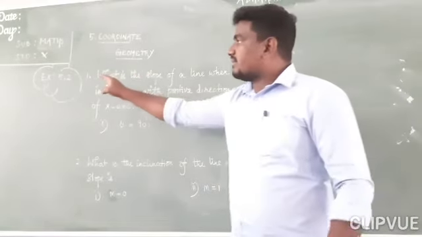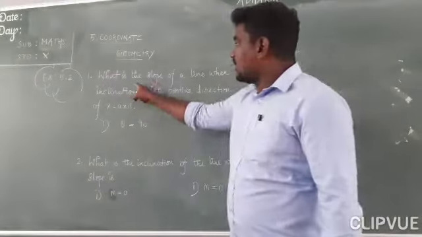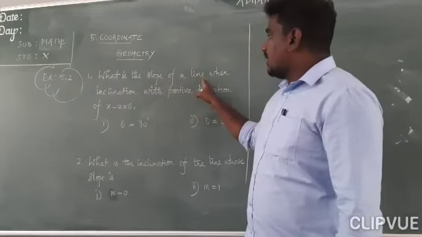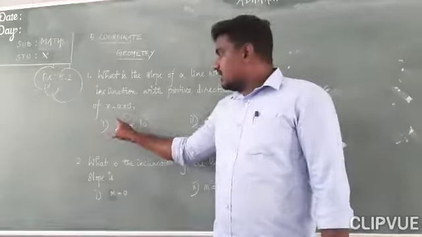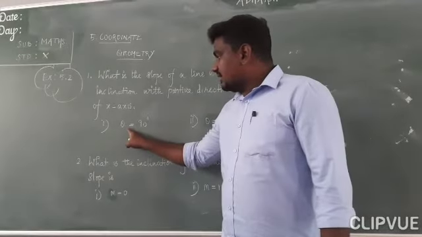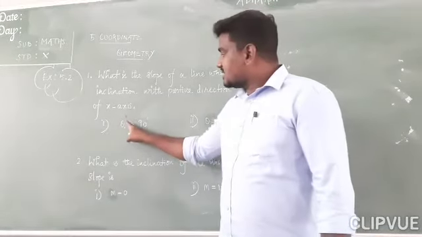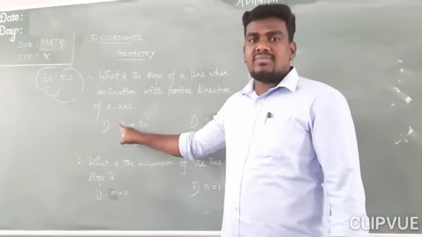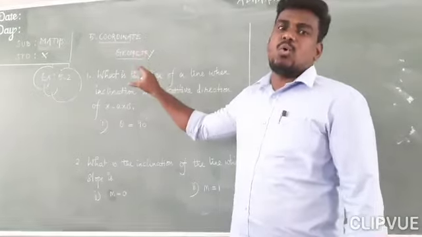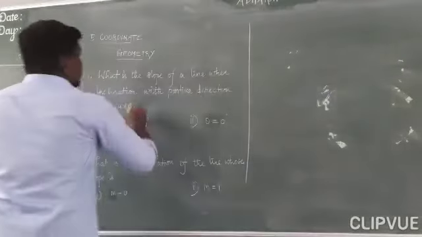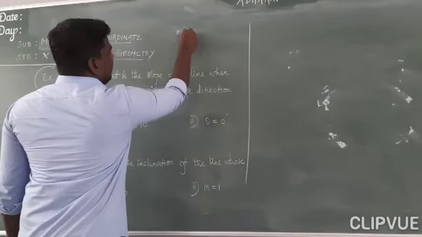Exercise number 5.2. The question is, what is the slope of a line whose inclination with the positive direction of the x-axis is, first subdivision, theta equal to 90 degree. This theta refers to the angle of inclination. So theta equal to 90 degree, what is the slope? You know that slope m is equal to tan theta.